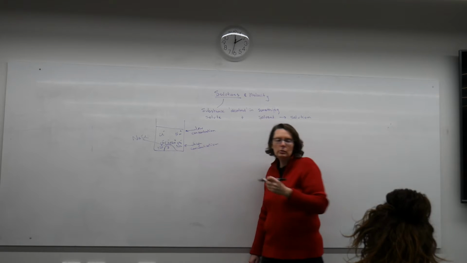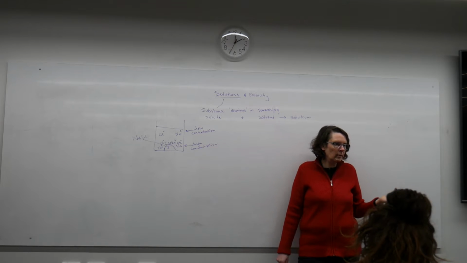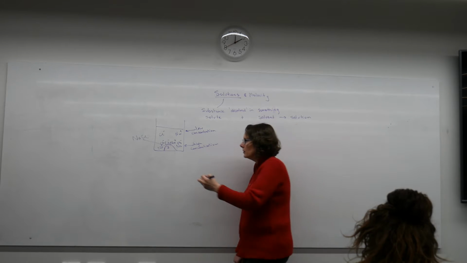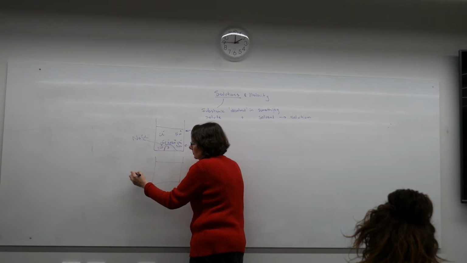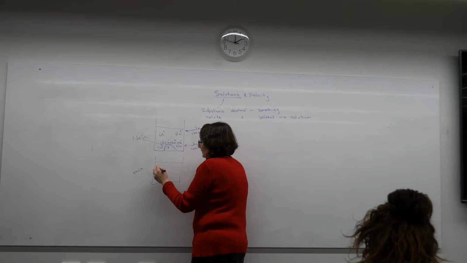What do I need to do to change that? How could I make it uniform? Yeah, so if we mix it all up, okay, so we mix, then we're going to have an even distribution.